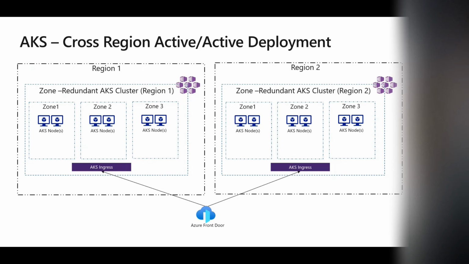One more. This is the cross region, which is one of the more expensive ones. You have multiple deployments across regions: region one and region two, both zone redundant, both active. You're constantly replicating data between these two, and you have Front Door or something like that sitting there as a global load balancer to send traffic to both of them.